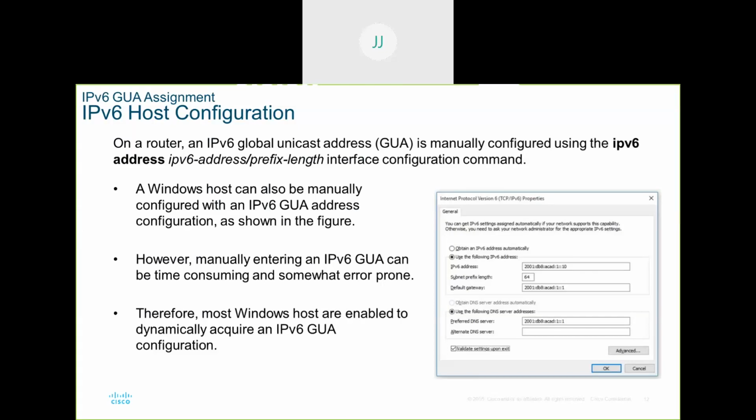In addition, just as in IPv4, the more addresses you're dealing with, the more likely you are to mistype an address or have a duplication on the network. So when dealing with any network larger than just a handful of hosts, it's best to set up hosts to acquire a GUA dynamically.